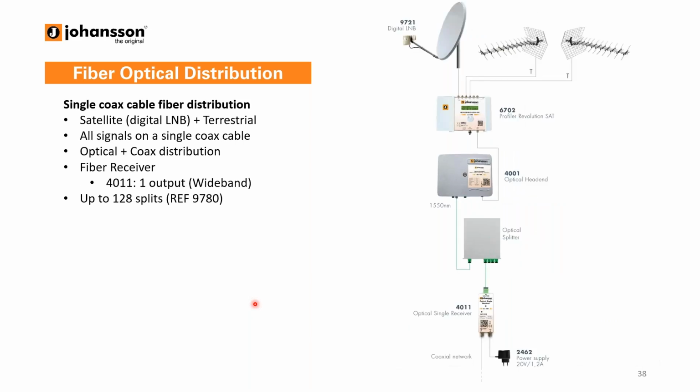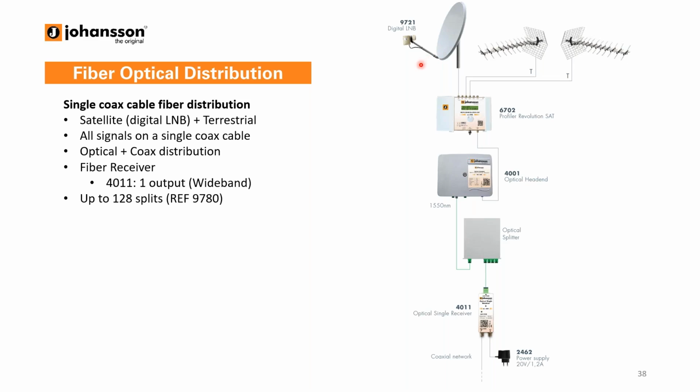The next one is a single coax cable solution, because now there are many products where you can do channel stacking. This means that you take a number of transponders and multiplexes and you just stack them next to each other on a single cable. So for instance, you can use a digital LNB or a DSCS LNB or unicable LNB.